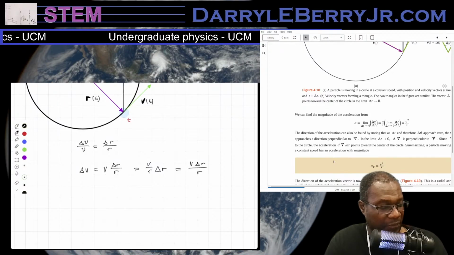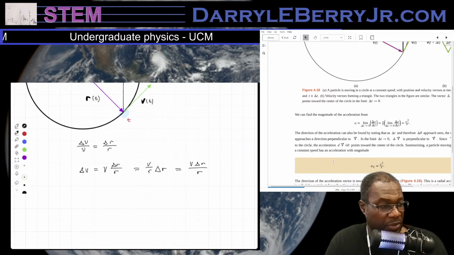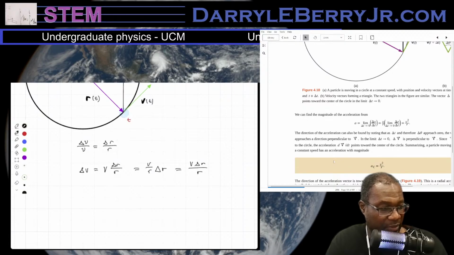You can find the magnitude of acceleration from A equals the limit as change in t approaches 0 of change in V over change in t. Which is V over R, the limit as change in t approaches 0 of change in R over change in t. I mean, I have no idea what they're doing there?